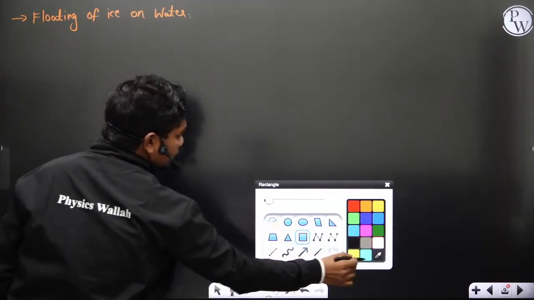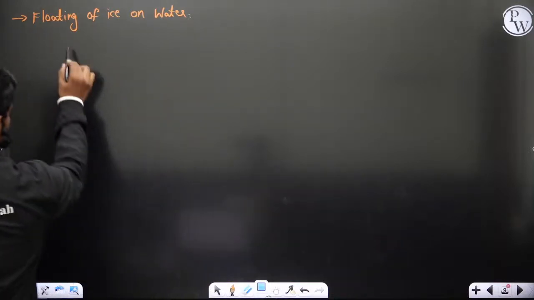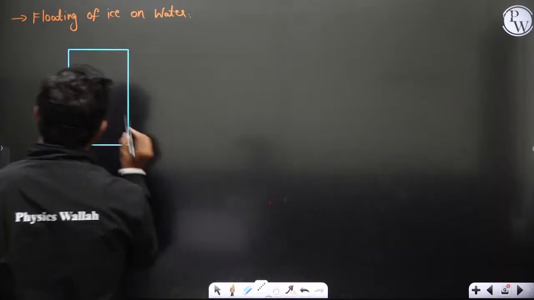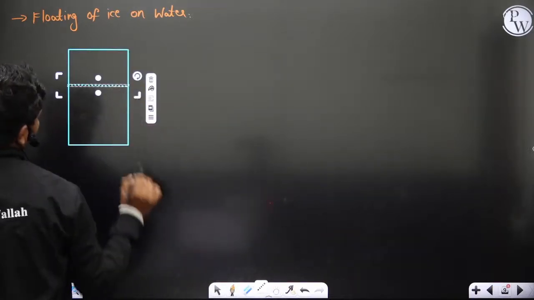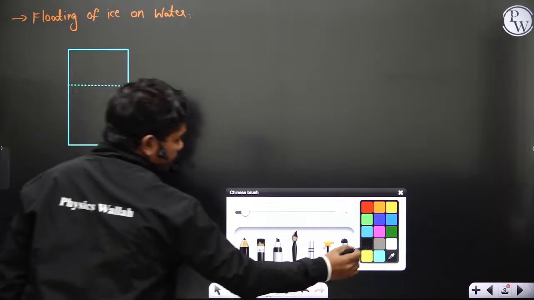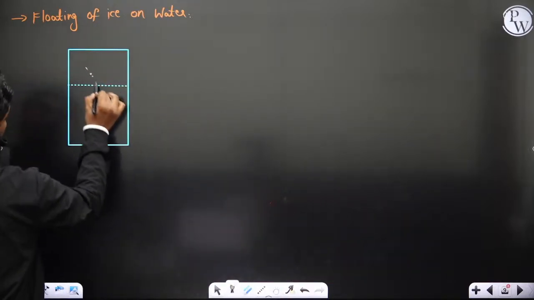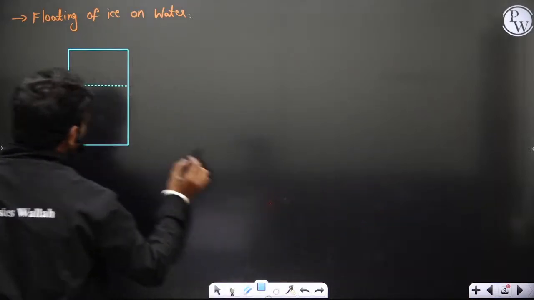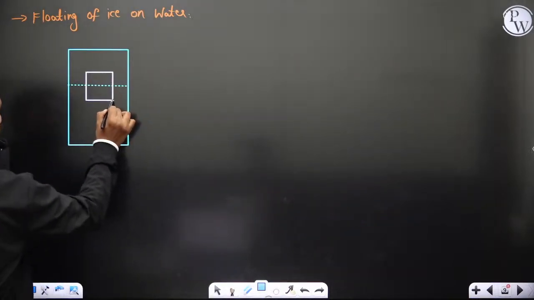So you can see again, you take a tank for example. Okay, you take a tank and let us suppose you have the water level up to this point. Now let us suppose you have placed a small ice cube which is floating like this.